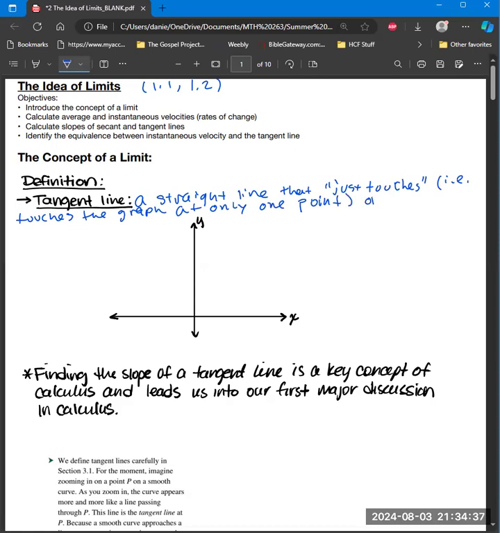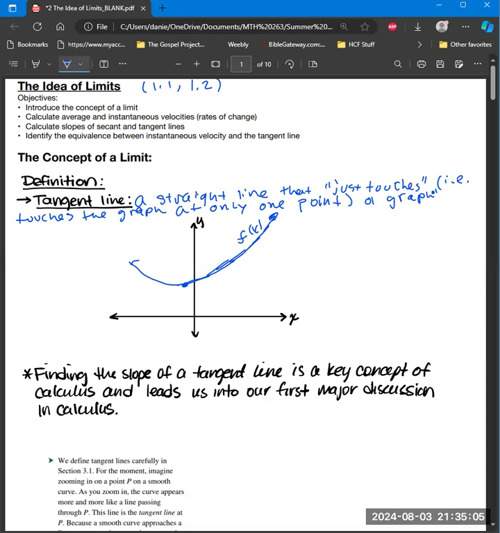A graph, for example, if we have the graph f of x here, just going to draw something like this. This is f of x, and we're going to pick a point of tangency over here.